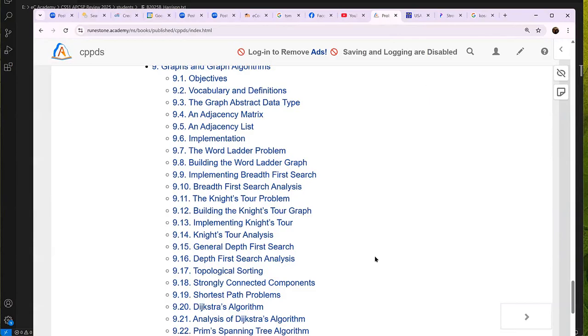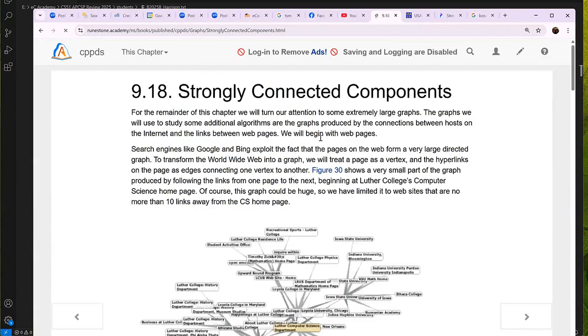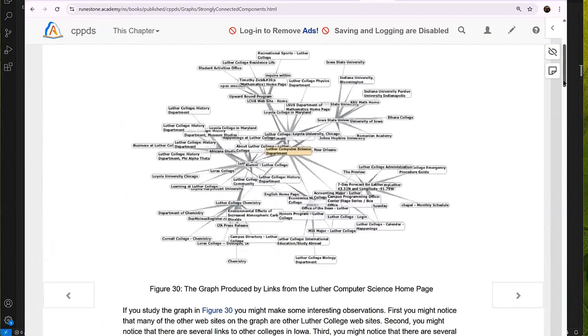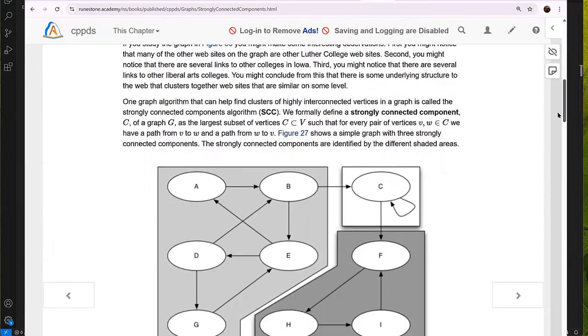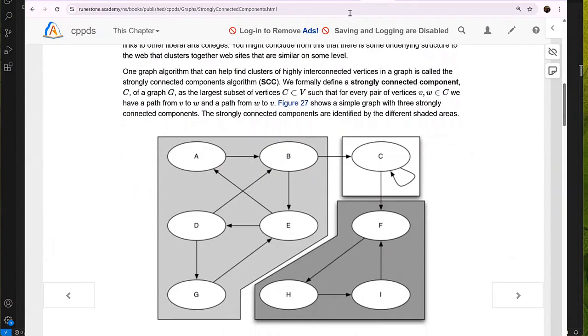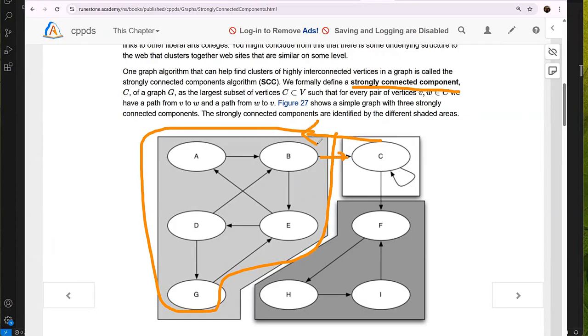So let's look at the strongly connected component here. The strongly connected component is talking about a graph where you can go from one node to the other. Right here is a directed graph, but if it's undirected, then a one-way connection is not enough because the other way cannot go back.